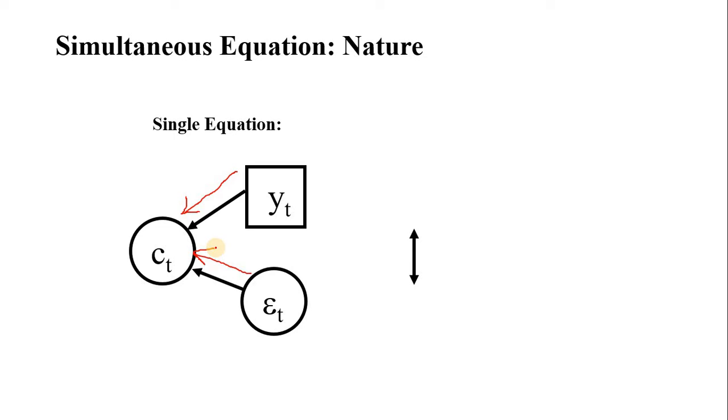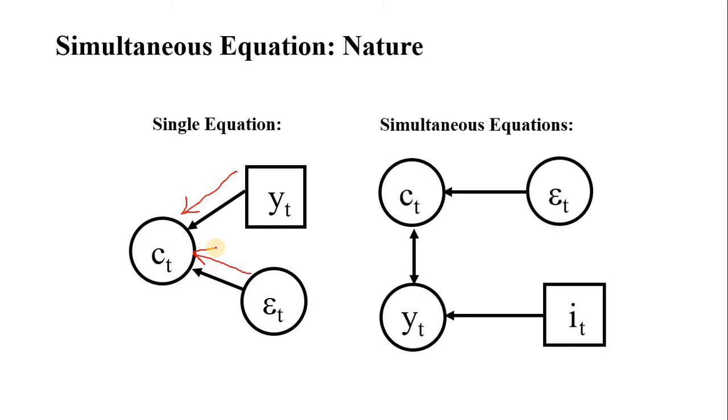Now look at the second equation. Here we have ct, epsilon t, yt and it. ct is the dependent variable, epsilon t is the error term, yt may be a dependent or independent variable, and it is investment. So what's the problem here?